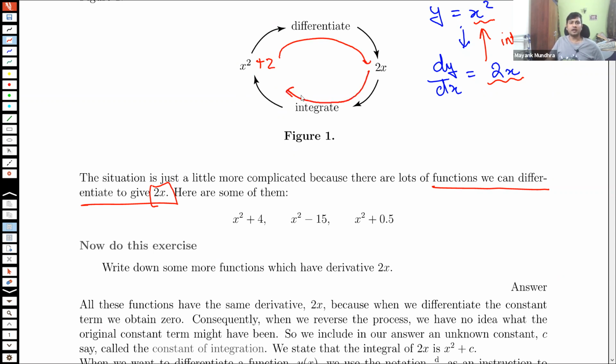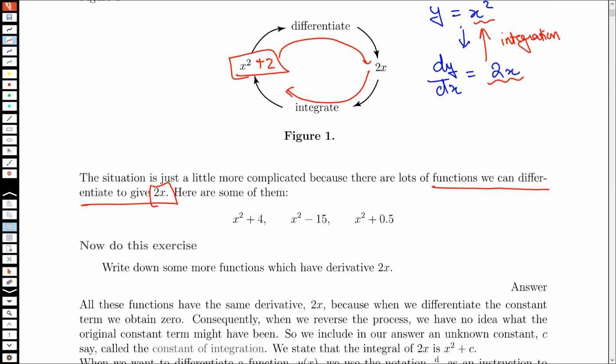But by integrating, I will not get back x square plus 2. What will I get by integrating 2x? X square, exactly. If I differentiate x square, I get 2x, and if I differentiate x square plus 2, I also get 2x.